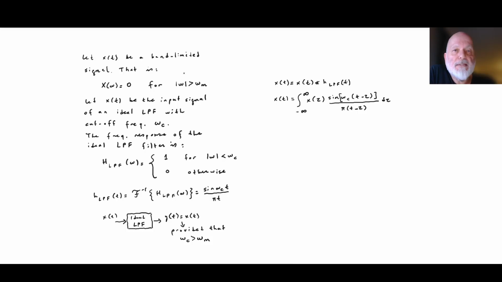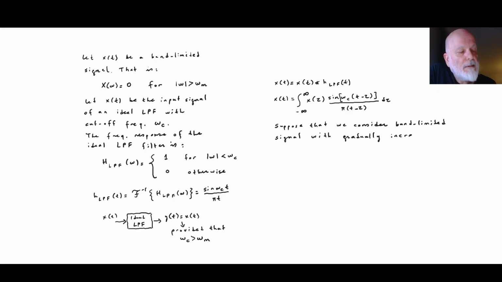Omega m increases, and in the limit it tends to infinity.